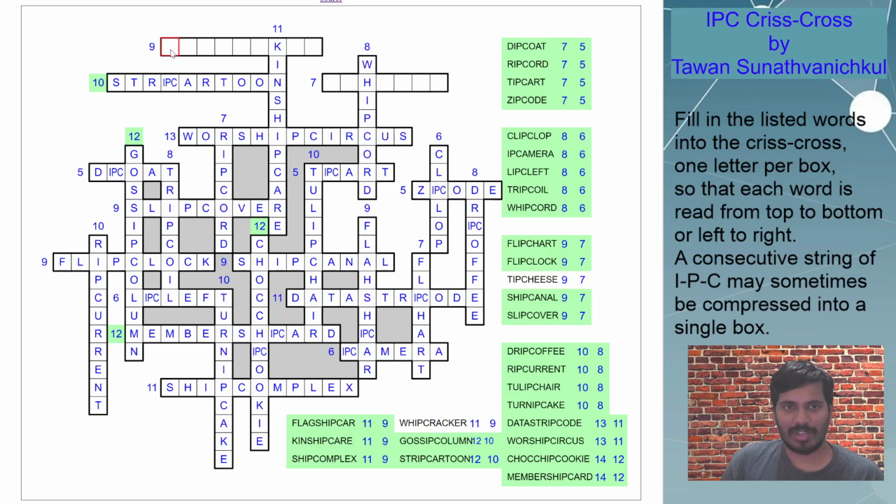So there's only one place, so it is to be whip cracker, and then the 7 has to be tip cheese. And with that we complete this amazing crisscross puzzle, and you can see how smoothly it flowed after this notation and initial break-in.